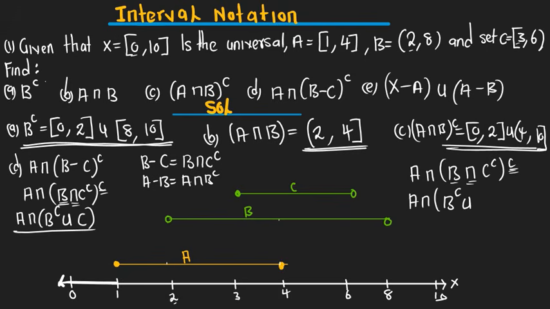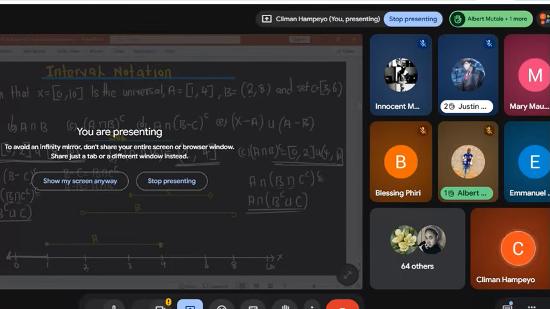When you expose a complement to C complement, it becomes the set. In other words, the complement of a set being exposed to a complement retains the set itself. Okay? So this becomes set C. Yes. This becomes set C. Clear? Clear, sir. All right.